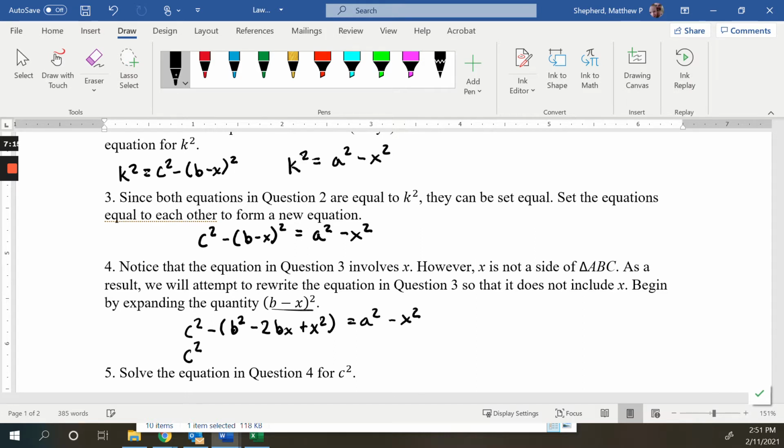Let's go ahead and distribute that subtraction. So c squared minus b squared minus, or sorry, now that's a plus 2bx minus x squared is equal to a squared minus x squared.